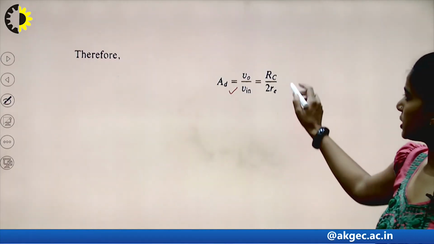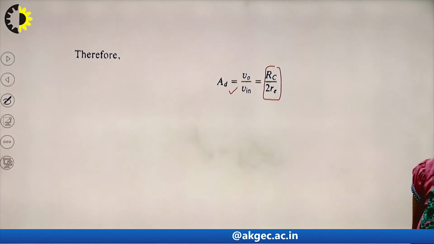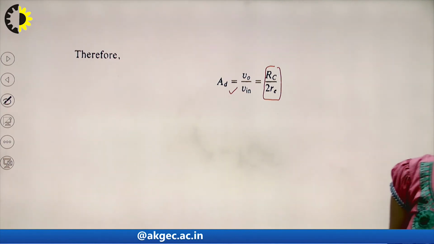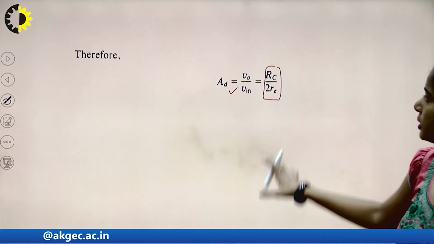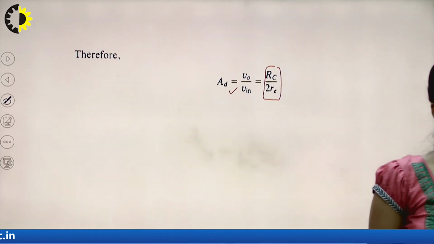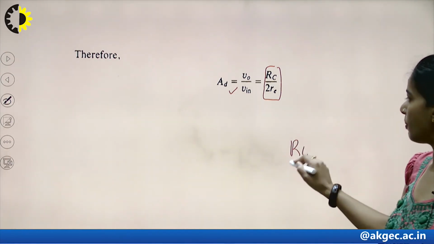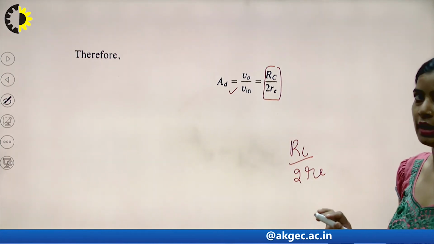So, that is written here, RC upon 2re as the gain of the amplifier. With this expression we can say that for any unbalanced output configuration, the gain is RC upon 2re. For balanced output configurations, the gain is RC upon 2re irrespective of the input.